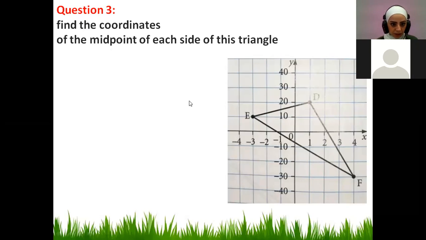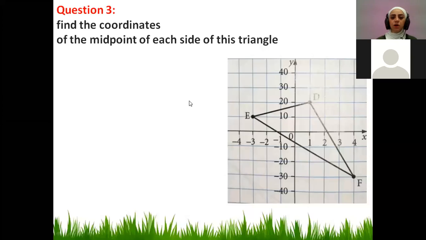Lian, choose a side to find its midpoint. Do you want me to start with DE? Okay, DE.